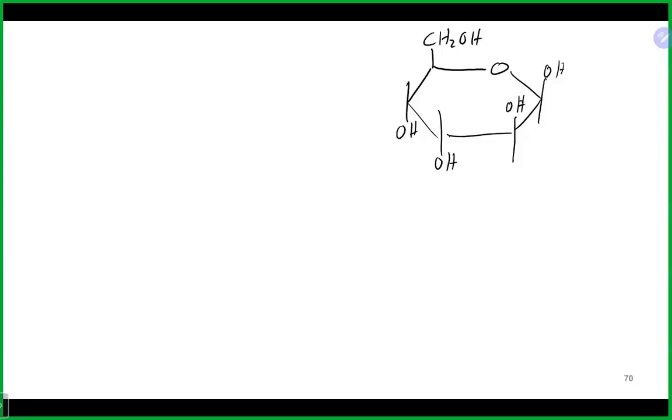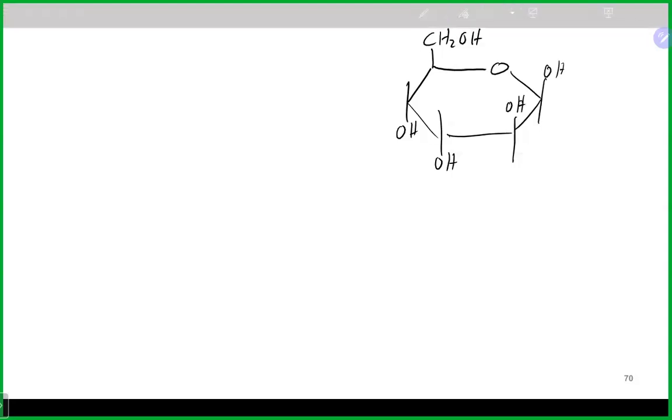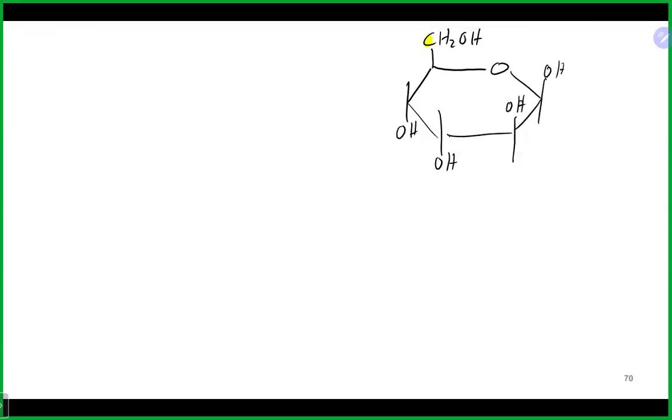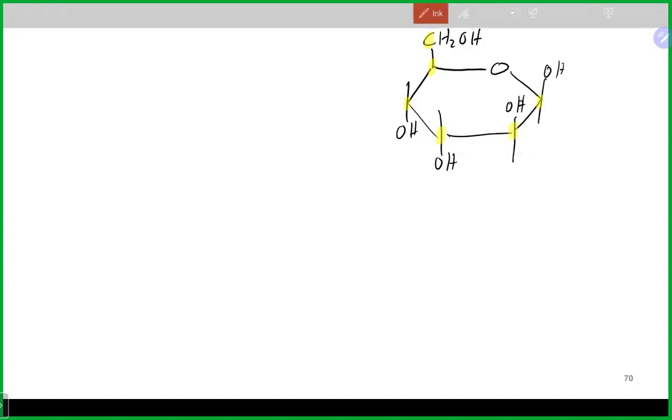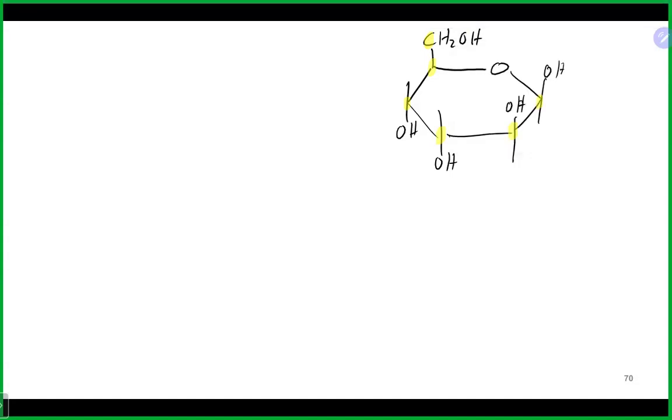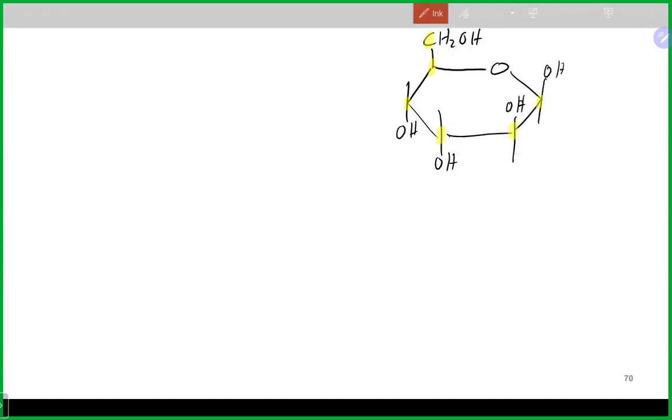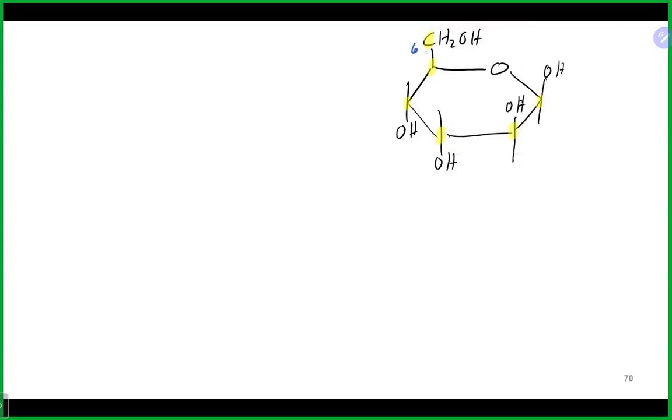Here we definitely have 1 carbon, 2, 3, 4, 5, and 6 carbons total. And when we look at it like this, we usually number the ring in this direction: 6, 5, 4, 3, 2, and 1. Just like we make the ring, it's the same way we number it.